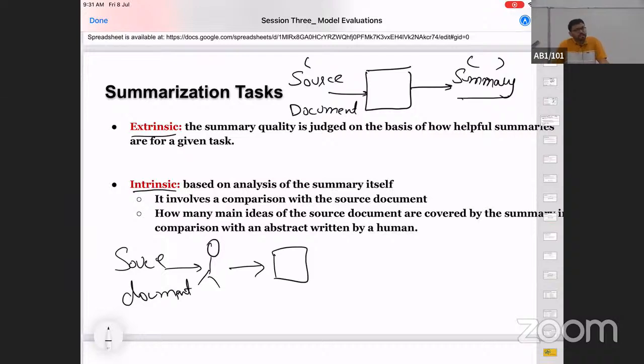So this is actually what is done in real scenarios. You have a machine generated summary, and you are comparing it against multiple human generated summaries. Now, if the machine generated summary is very similar to the human generated summaries, we can consider it a good quality summary generated by the machine. So this is the intuition at least.